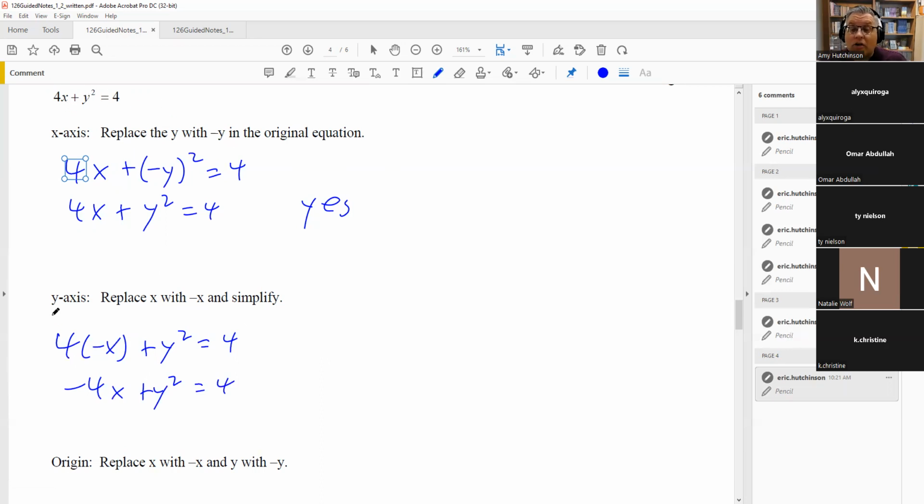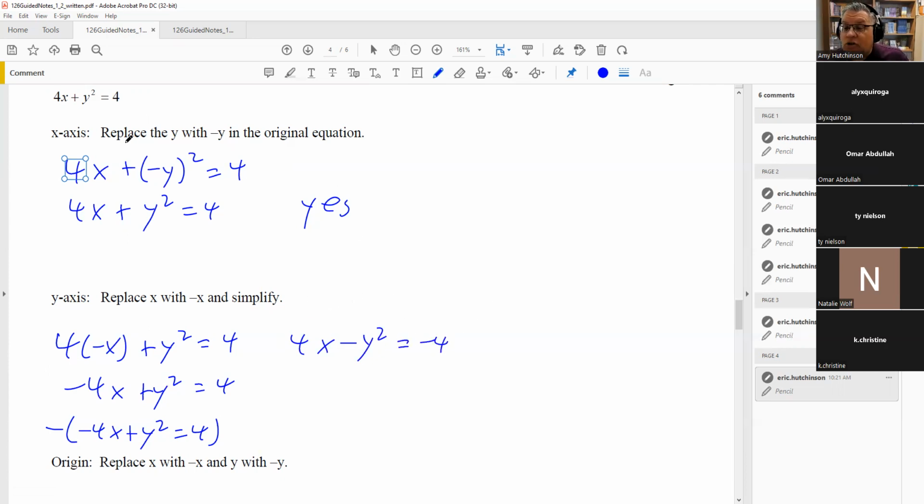What you might be thinking is, well, couldn't I get rid of the negative by multiplying by negative 1? Yes, you can multiply by negative 1, but remember, you're not just going to multiply the first term by negative 1. If you're multiplying something by a negative, remember that you're going to do the entire equation by the negative. So if you do that, then you would get 4x minus y squared equals negative 4.